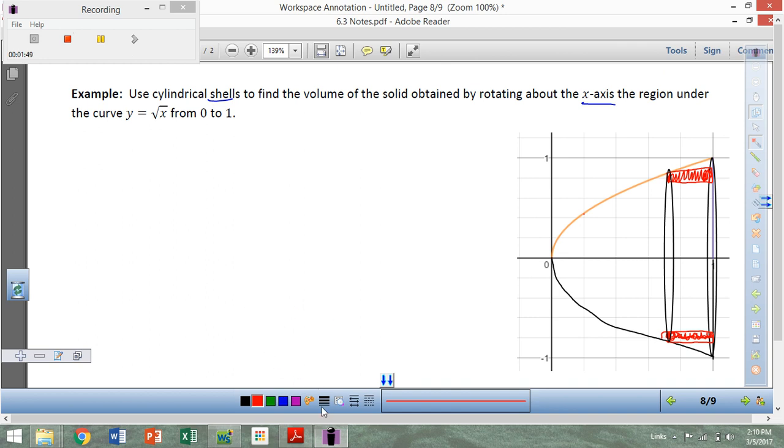And so if we're going to set up our integral here, I want to think about, first of all, where would my rectangles be before I rotated this region? So my rectangles would need to be going horizontally, like we said, and that means that they would go from a y value to another y value, not from an x value to an x value.